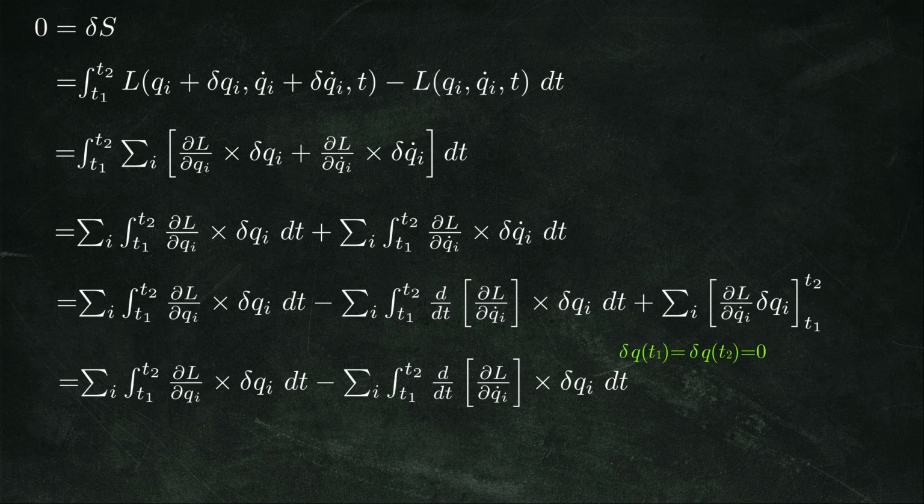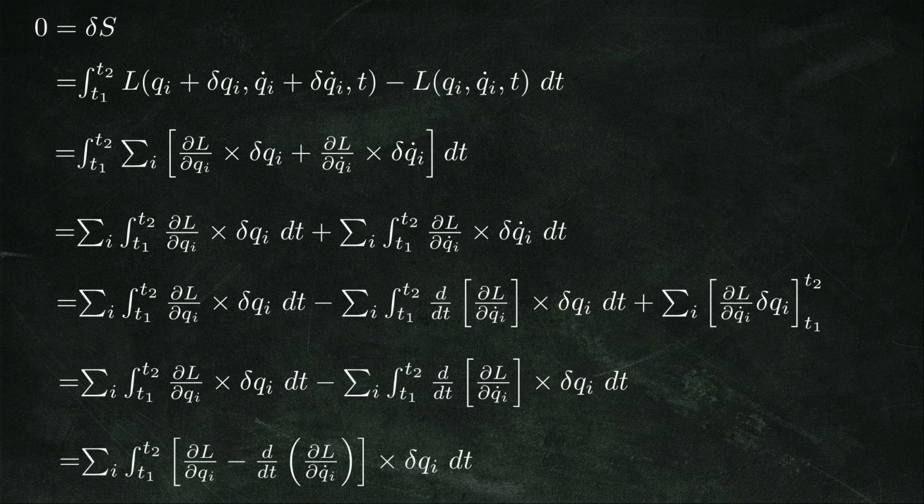Well, that's because the path had a fixed start and end point. And so delta q of t1 and delta q of t2 are 0. You can look back at the diagram to see that the perturbed path starts and ends in the same place as the real path. Then finally, to get to the last line, we've just compressed everything into one bracket.